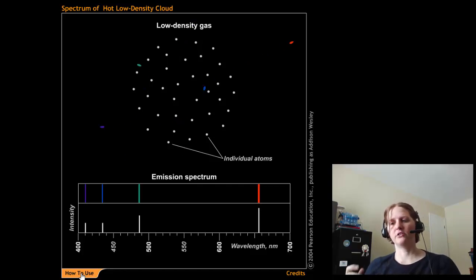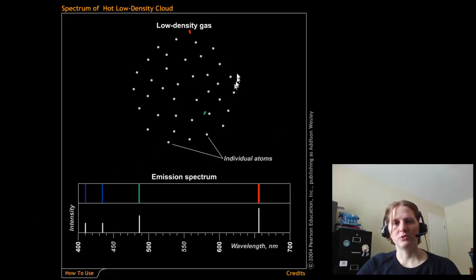So each energy transition, 6 to 1, 2 to 1, each time an electron jumps, it gives off one very specific color. So each atom, if we're looking at this animation, each one of these dots, the white dots, would be an atom. Each atom can only give off one photon of light at a time.